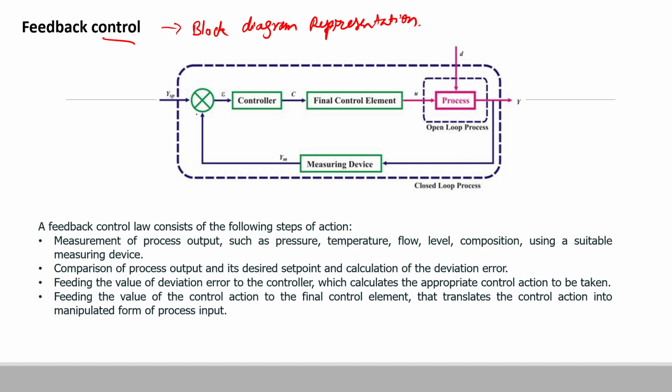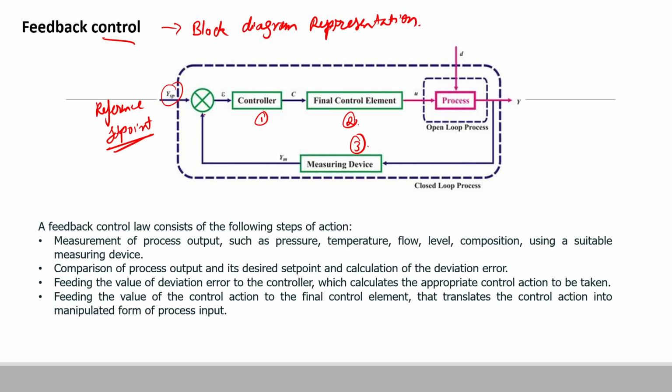Over here you can see different elements. The first one is the controller, then the final control element. Then this is our physical process, and this is our measuring device. We have a reference set point, which is the set point or target value that we want to achieve.